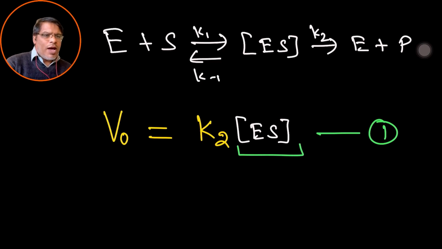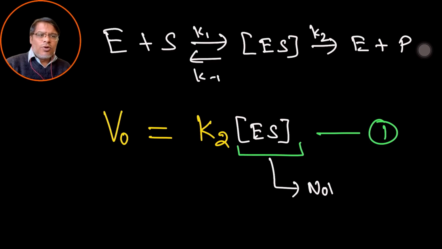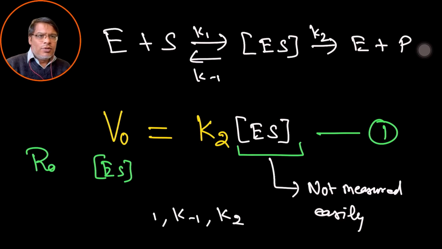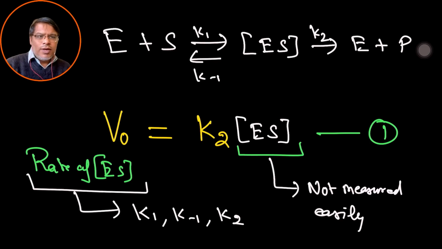Now you have to calculate the concentration of the enzyme substrate complex. It is not an easy task. We have to find the concentration of the enzyme substrate complex in a different way. Remember, the concentration of the enzyme substrate complex will depend on the rate constants K1, K minus 1 and K2.